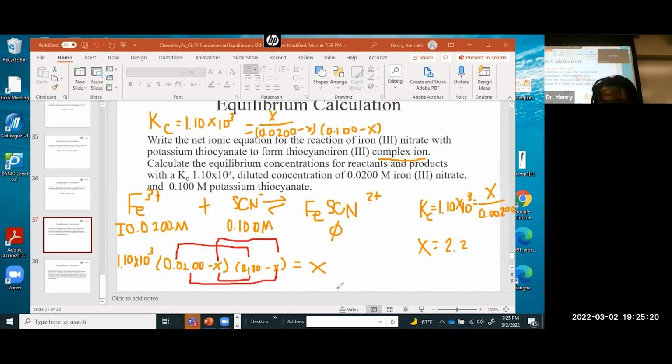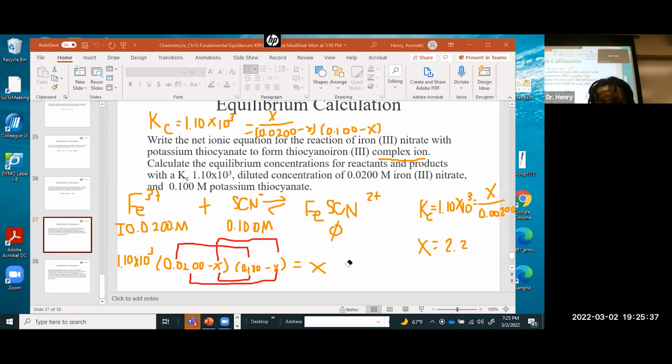So I get x squared. Actually, let me fix this. Let me do it right.